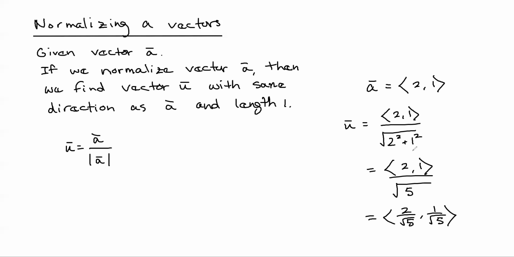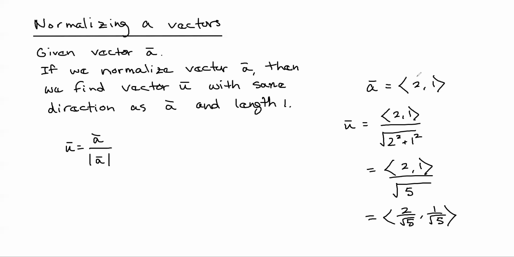All right, so by going through this process, by normalizing vector a, by taking vector a and dividing by its length, we created this. Now the question is, does this point in the same direction as vector a, and does it have length 1? To answer the first question, anything that has the same ratio of these two values will point in the same direction.